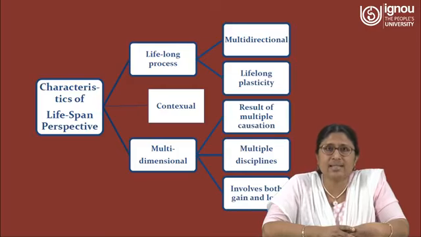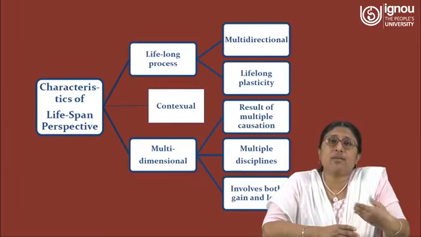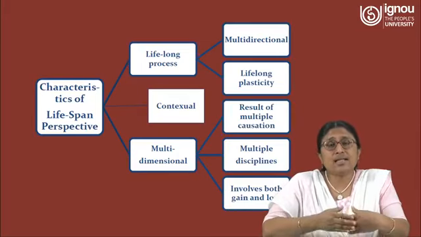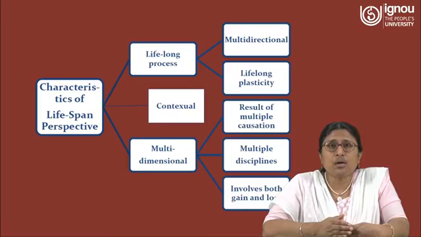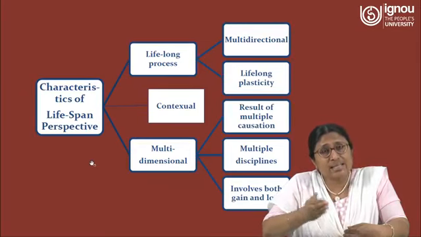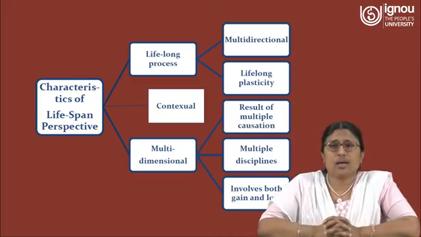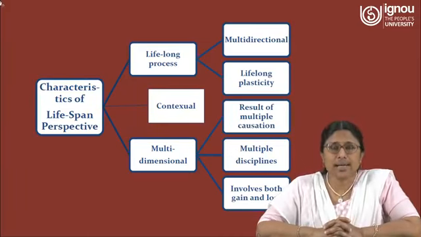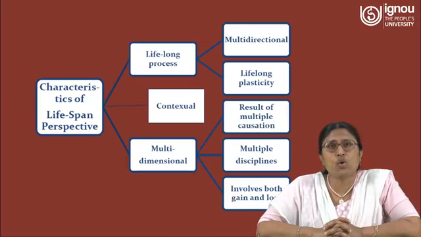And when we go through this, we can see different characteristics of the lifespan perspective. The first characteristic is that development is a lifelong process. It cannot be confined to childhood or adulthood, because changes take place in old age also. The next characteristic is that development is contextual: the home is influencing, the school is influencing, the peer group is influencing, and moreover mass media is also influencing.